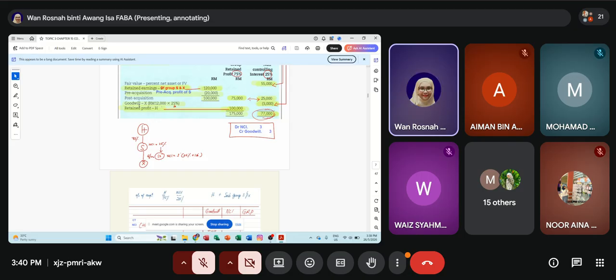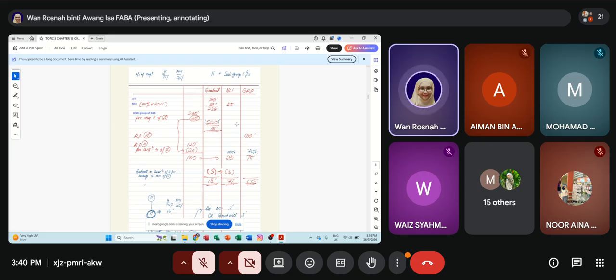So goodwill of X, 12,000, kena because goodwill ni dikongsi oleh NCI 25%. So kita kena remove the portion from the group consolidations. So in this case, goodwill of X 12,000 times 25%, you have 3,000.